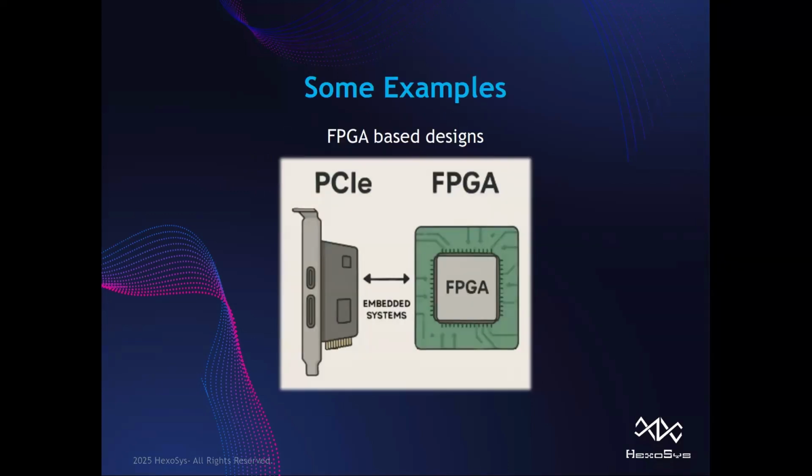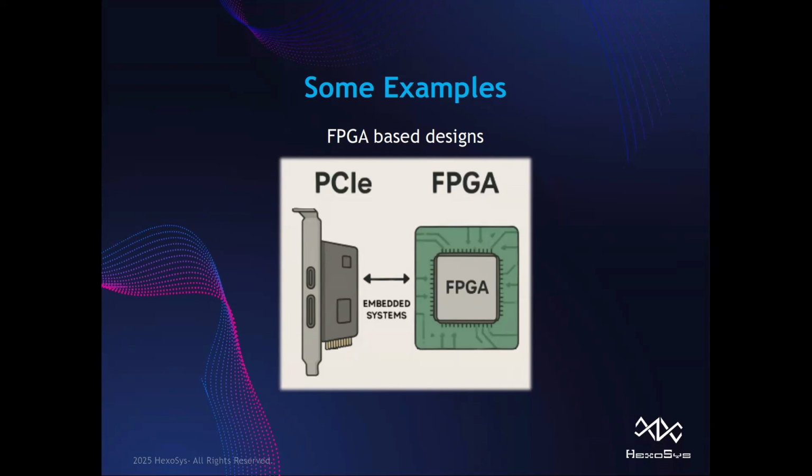And other examples of PCIe in embedded systems are systems that are FPGA based. As you may know, FPGAs are very useful in projects where they can be used as a coprocessor or I/O control.